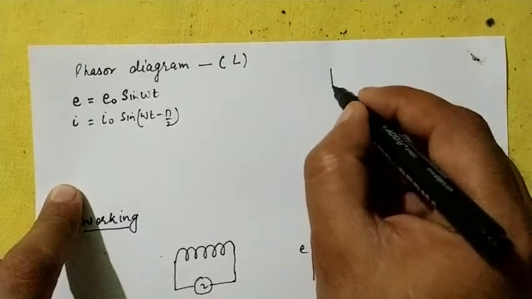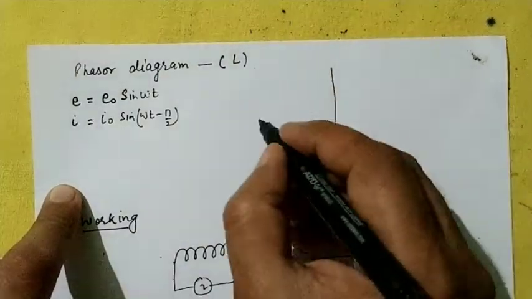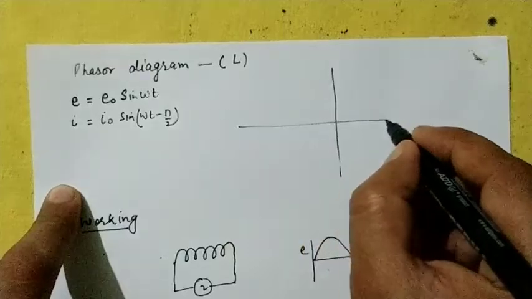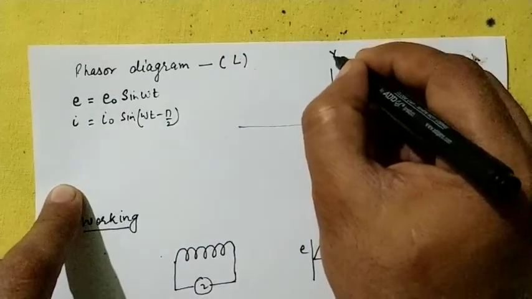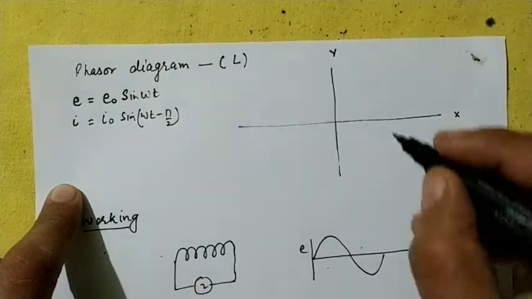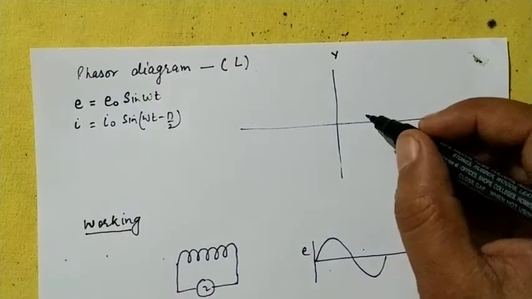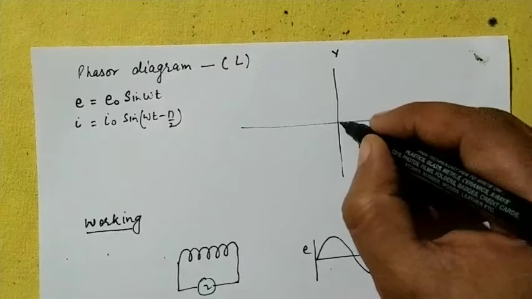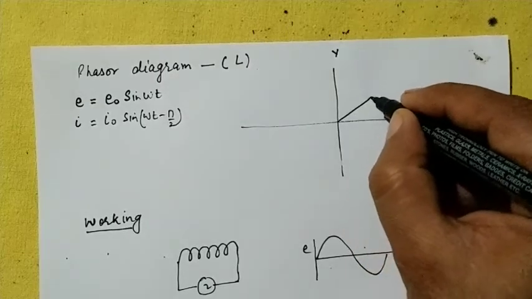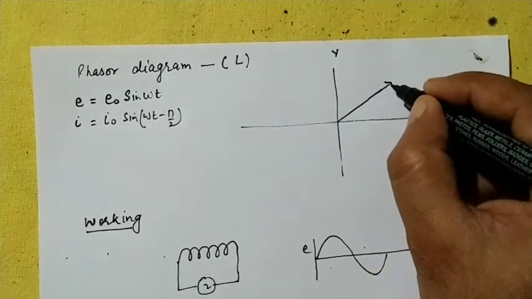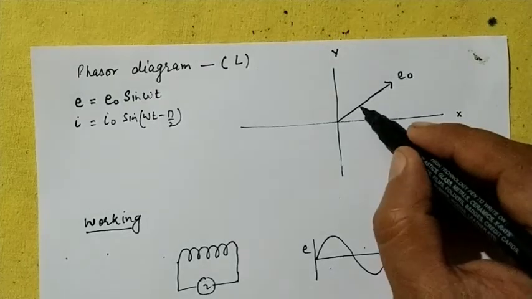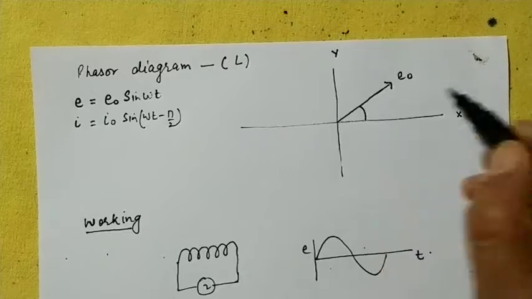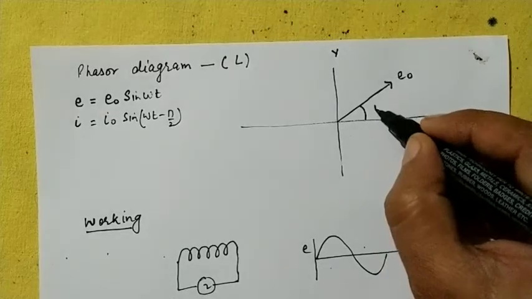So we know that the phasor diagram is represented by two lines, that is the x-axis and the y-axis. First I will draw the phasor for voltage. Here the length of the arrow represents the peak value of the voltage, and the angle it makes with the x-axis represents its phase.